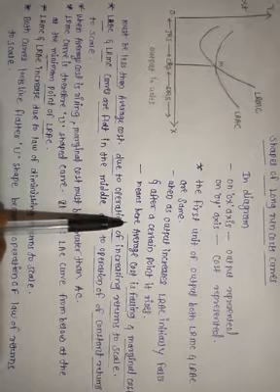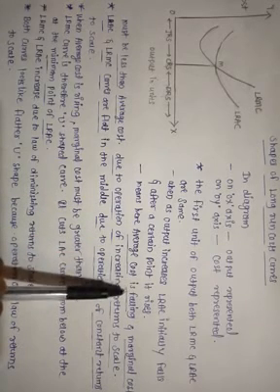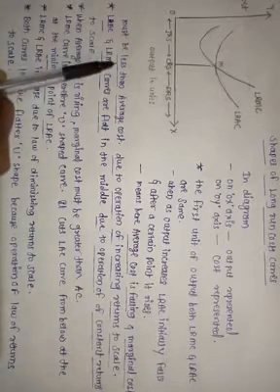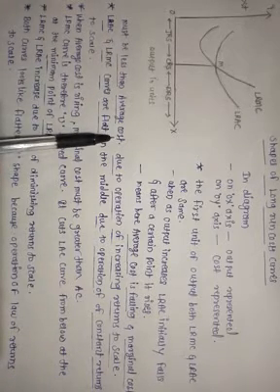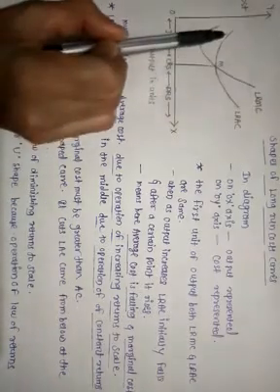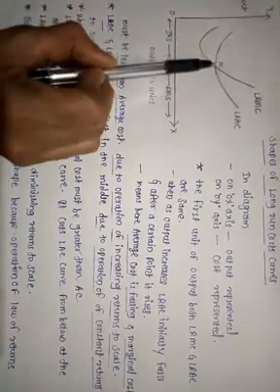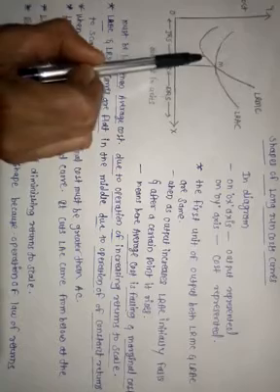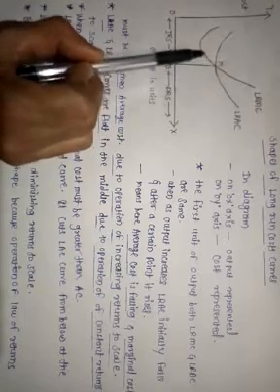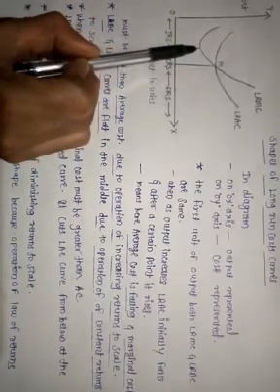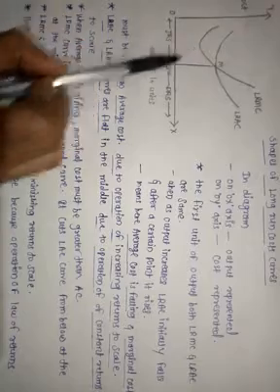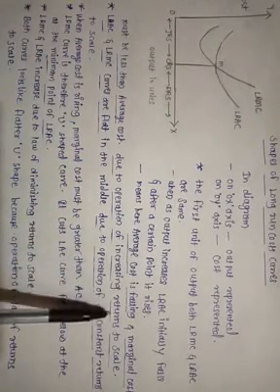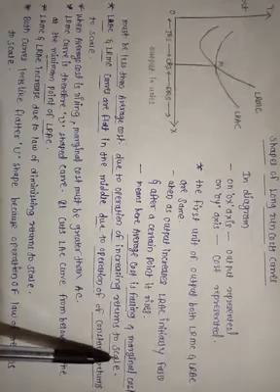When the average cost is falling, marginal cost must be less than the average cost. See here, the average cost curve is falling and the marginal cost curve is less than the average cost curve. Why? Because of the operation of increasing returns to scale.